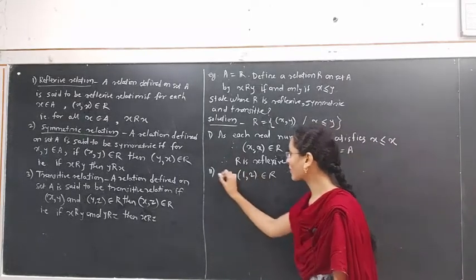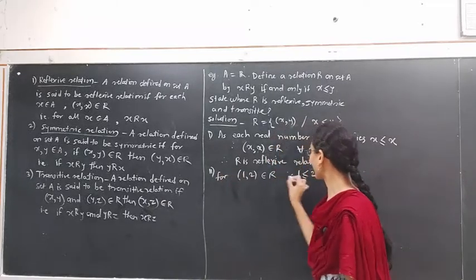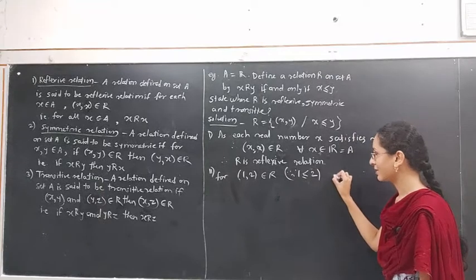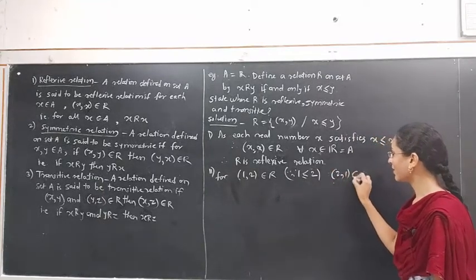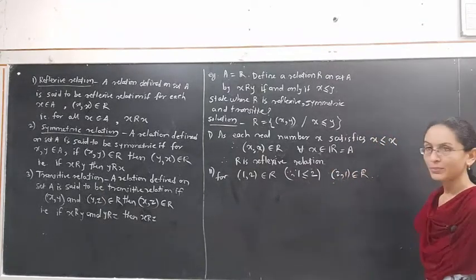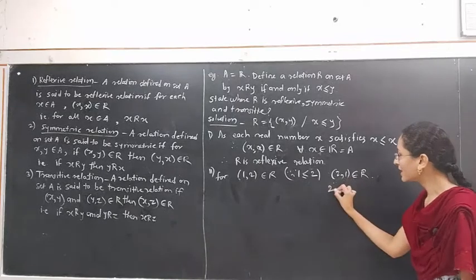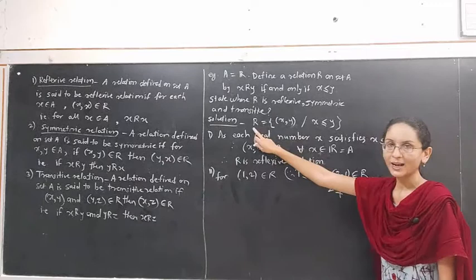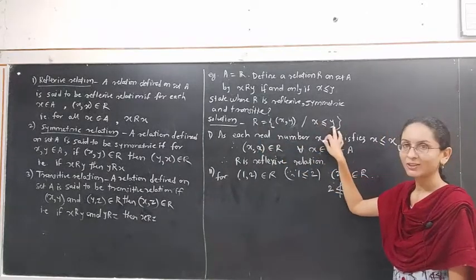For (1, 2) belonging to R, we cannot say that (2, 1) belongs to R. Because 2 is not less than or equal to 1. (x, y) belongs to set R if and only if x is less than or equal to y.